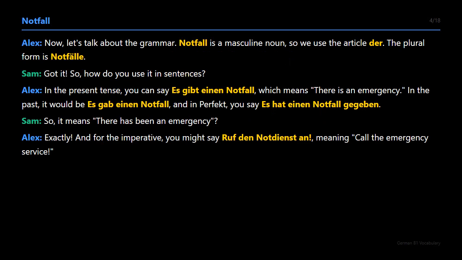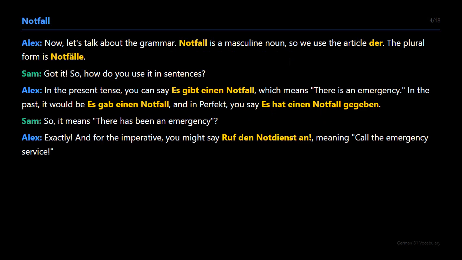Got it. So, how do you use it in sentences? In the present tense, you can say Es gibt einen Notfall, which means there is an emergency. In the past, it would be Es gab einen Notfall, and in perfect, you say Es hat einen Notfall gegeben.